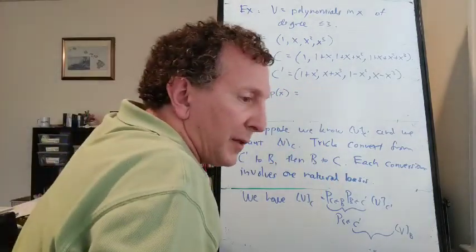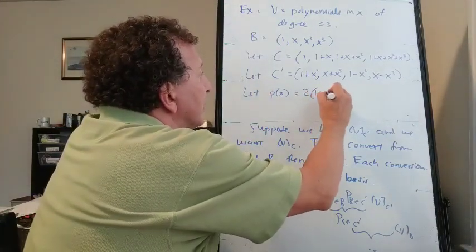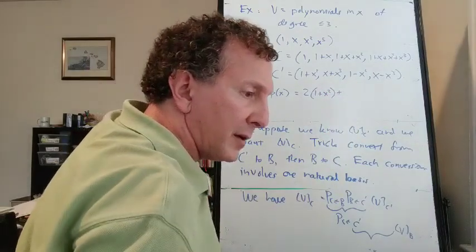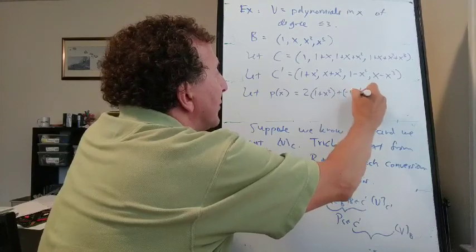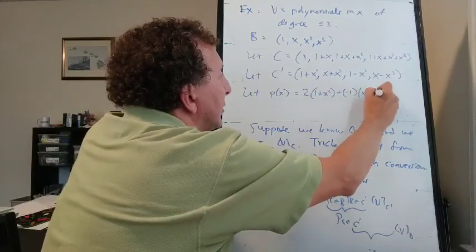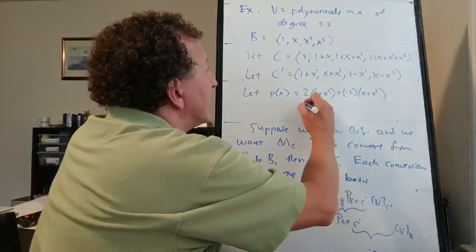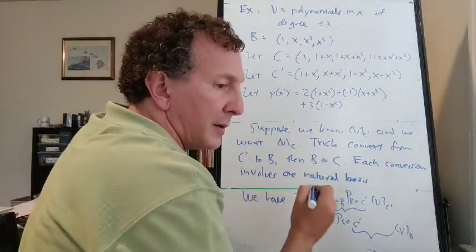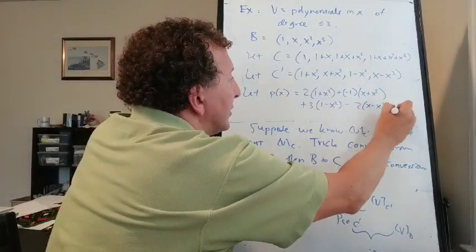Let's let p of x be the polynomial 2 times (1 plus x squared), plus minus 1 times (x plus x cubed), plus 3 times (1 minus x squared), minus 2 times (x minus x cubed).